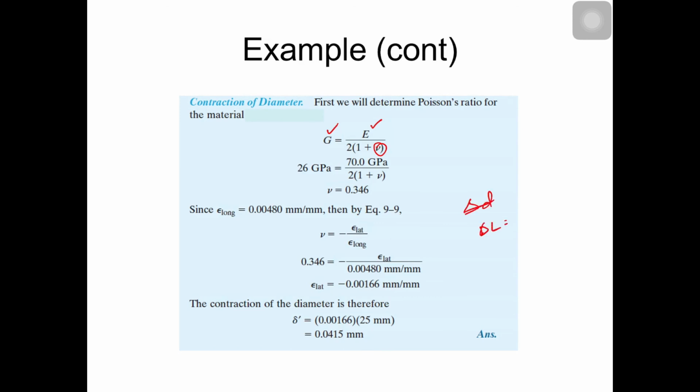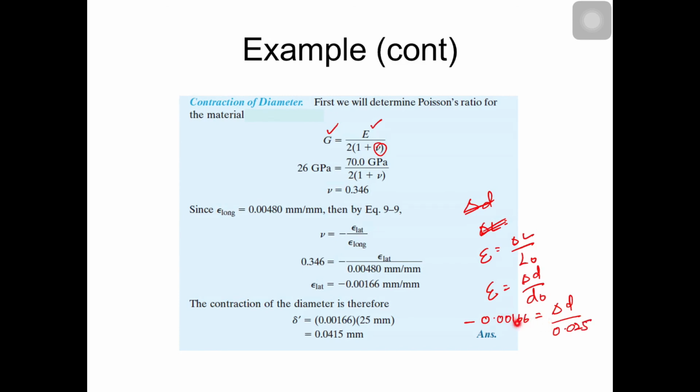So the contraction of the diameter is basically delta D. Epsilon is delta L over L naught, and also the same, delta D over D naught. So here we get 0.00166 equals delta D over D naught, which is 25 mm.